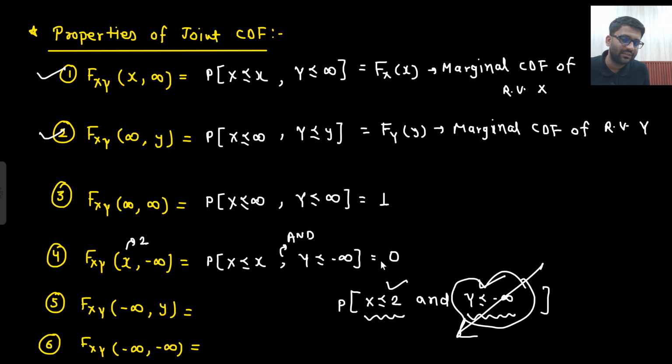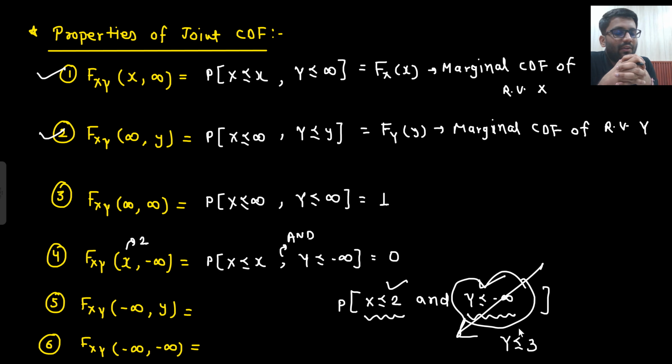So what will be the answer? 0. The point is y can never take a value lesser than or equal to minus infinity. If any number was there in place of minus infinity, let's say 3, then I would have said I need to find the probability such that x is taking a value lesser than 2 and y is taking a value lesser than 3, which is possible. But y can never take a value lesser than minus infinity.